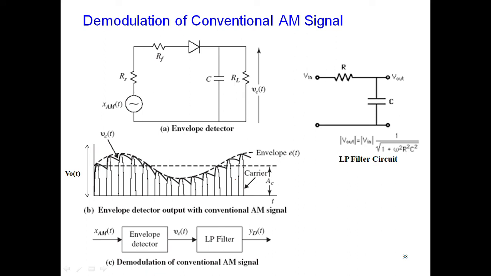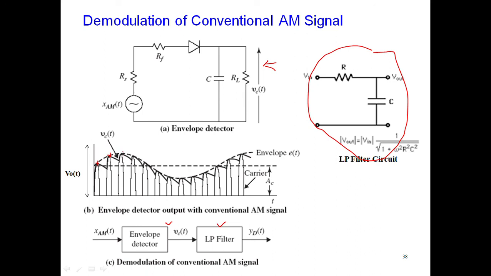This is an example of how to build an envelope detector, and this is the design of an RC filter, the basic filter using R and C. If we combine the envelope detector and the filter, what we do is detect the values at the envelope of the modulated signal.